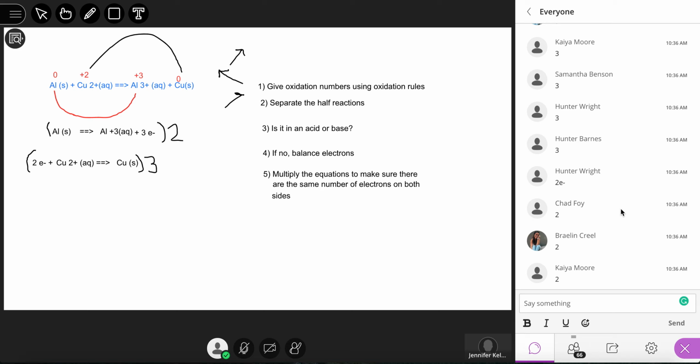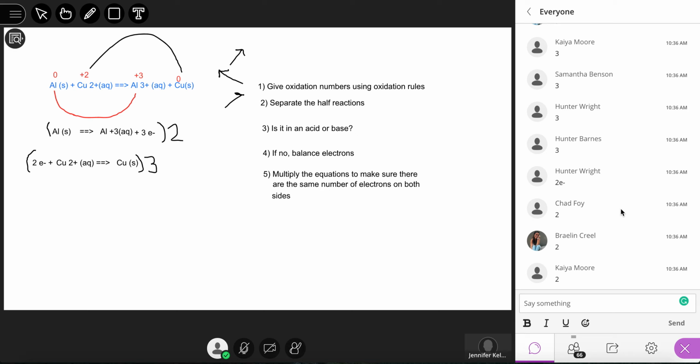The goal here is just to make sure that the number of electrons is the same. So if I multiply aluminum 1 by 2, then I'll have 6 electrons. If I multiply the copper 1 by 3, then I'll have 6 electrons. So this is what we would get.